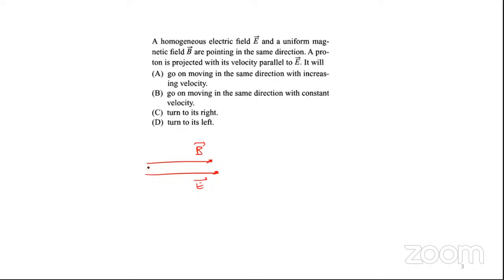A proton is projected with a velocity parallel to this, which is a positive proton. So we know that a charge does not get affected by a parallel magnetic field. So the magnetic field will not have any effect on this, but it will get accelerated by the electric field. So it will go on moving in the same direction with increasing velocity.